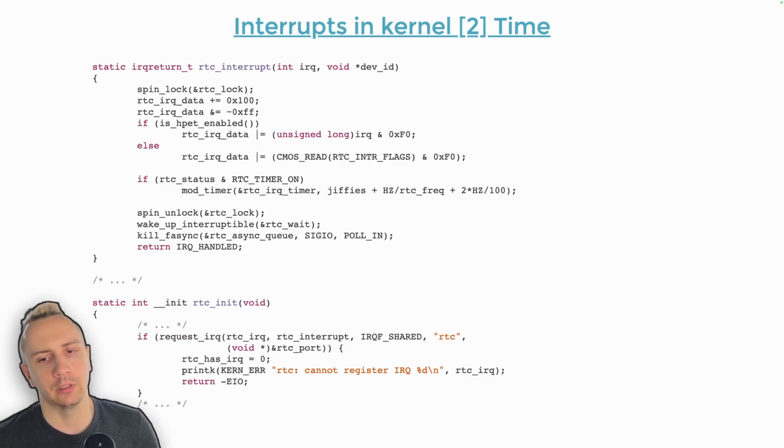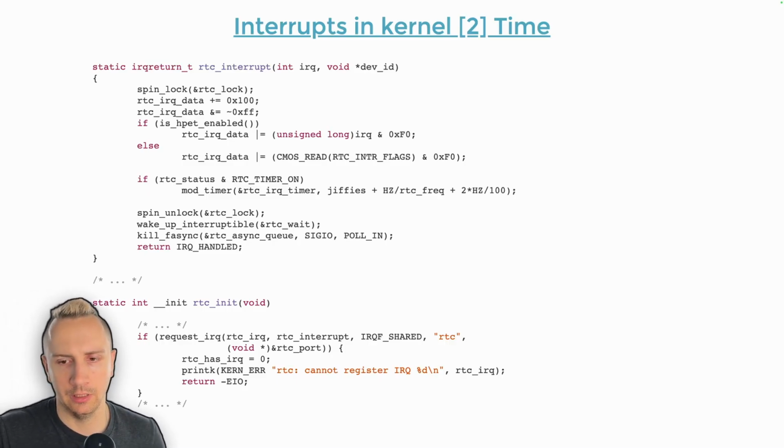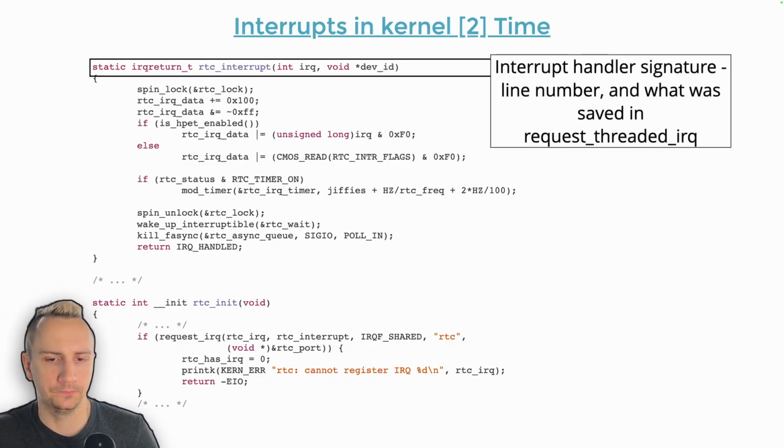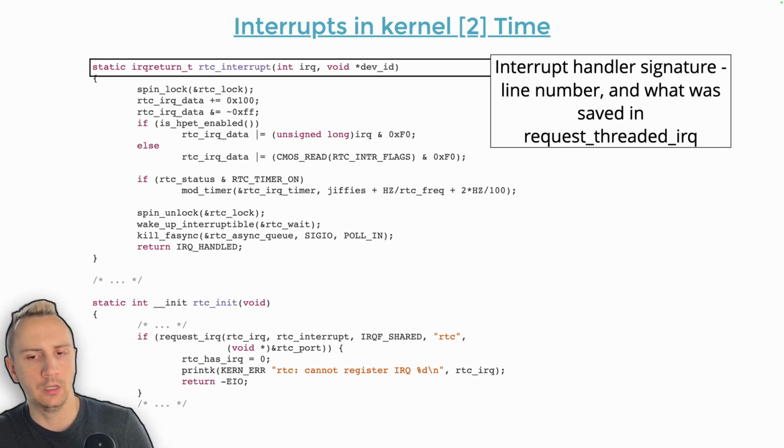And this is timer handling. This is the handler which handles interrupts from the RTC device, which we saw in the first lectures somewhere. It registers the RTC interrupt function as a handler of each interrupt happening by the timer.